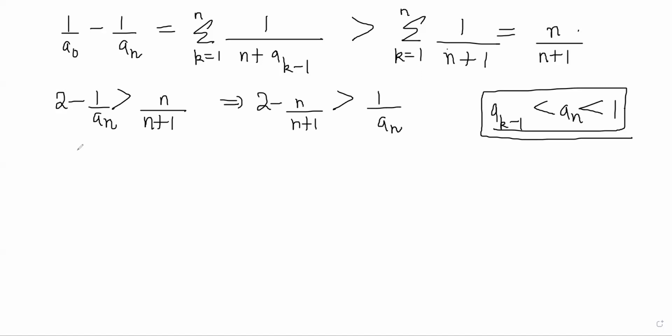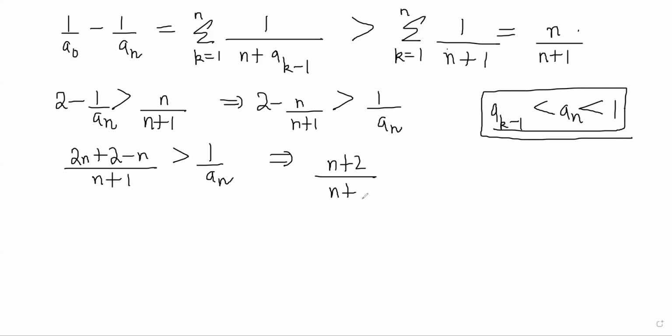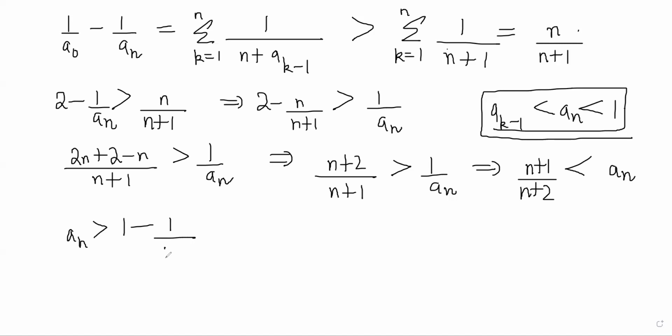And this becomes 2n plus 2 minus n by n plus 1 is greater than 1 by an, or n plus 2 by n plus 1 is greater than 1 by an, which implies n plus 1 by n plus 2, taking reciprocals, is less than an, right? So an is greater than 1 minus 1 by n plus 2, which is equal to this n plus 1 by n plus 2.